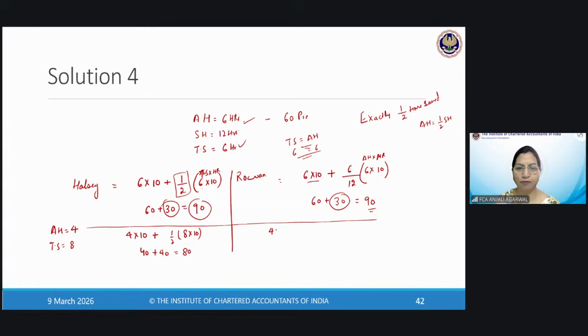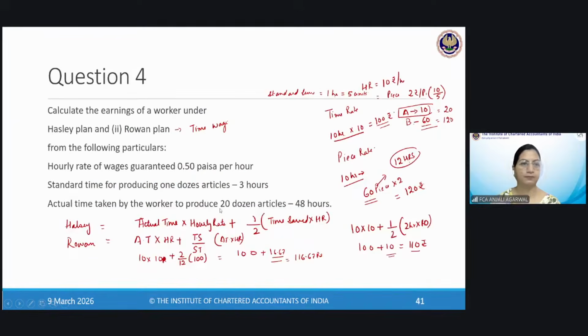But Rowan would have paid 4 into 10 plus, how much is the time saved? 8 hours. How much was the standard time? 12 hours. So 66 2/3 of 40, so he's paying only 26.67, whereas Halsey is paying 40. So up to a point, Rowan pays more. At exactly half, they both pay the same. Beyond that, Halsey will pay more.